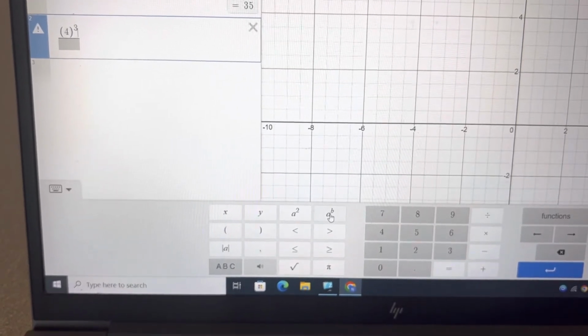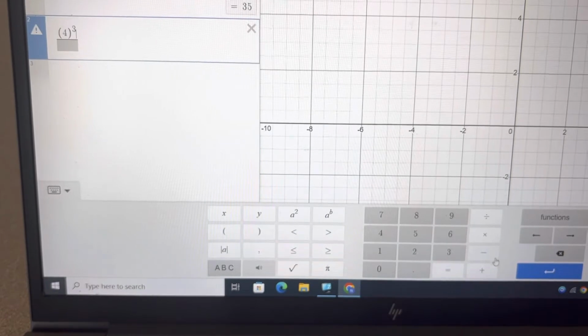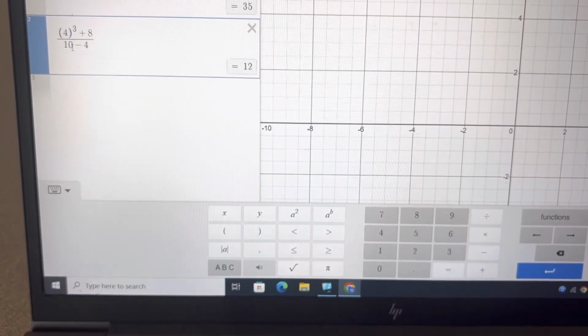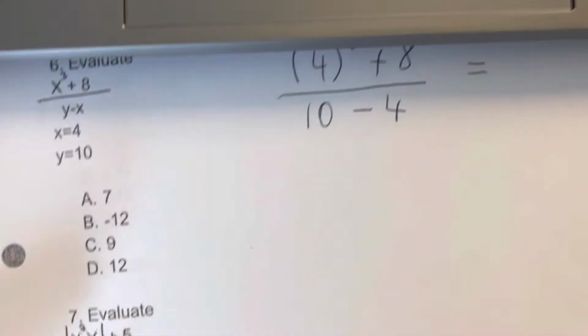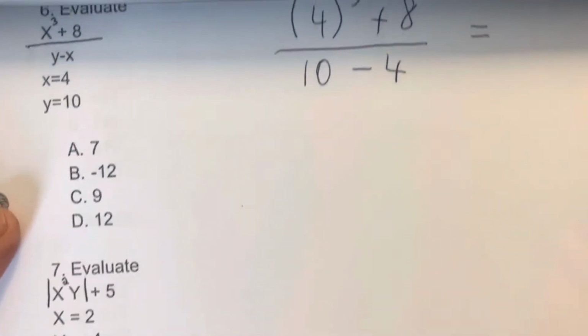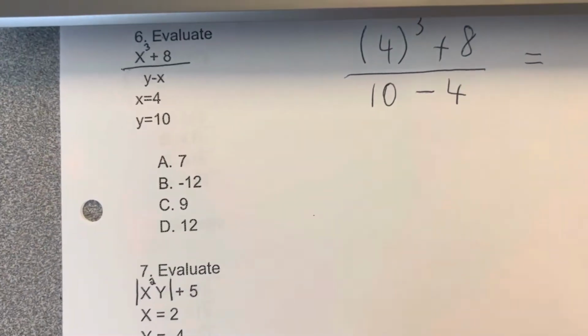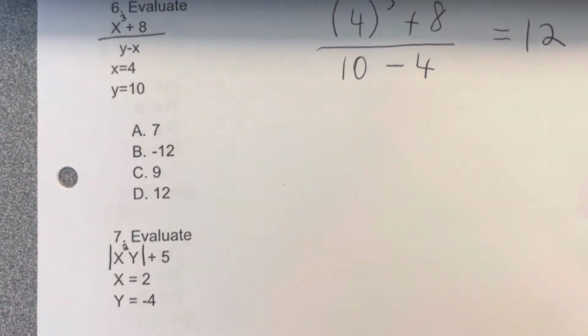That's all right. Plus 8. And 10 minus 4, and that gives us 12. All right, enter. Number 7. So that equals 12.